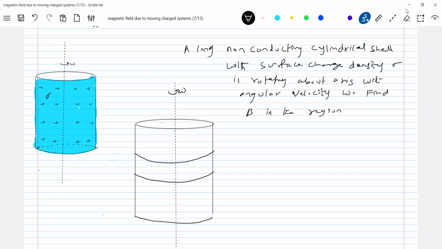In this particular strip, I further take one more strip. So when they're rotating, what happens? The charge present in that strip will be moving, as if it is a current carrying sheet, and it's long, actually infinity.